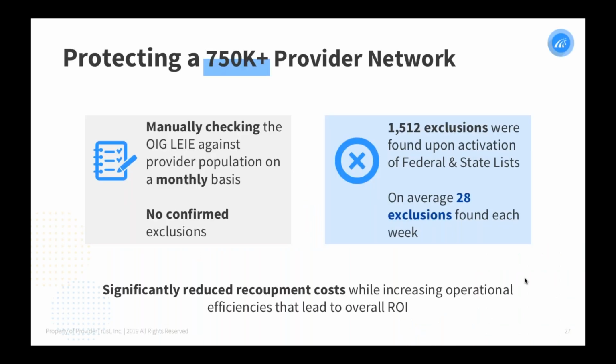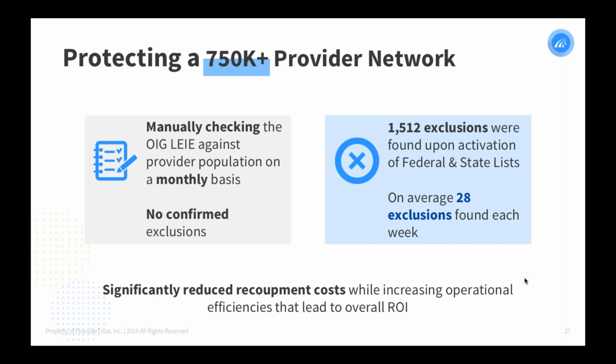The first is a health plan with roughly 750,000 providers across multiple states, across Medicare and Medicaid networks. Before they were partners of ours, they were manually checking their provider population against the OIG LEIE list on a monthly basis, so it was limited in scope to the federal list, and they had no confirmed exclusions.